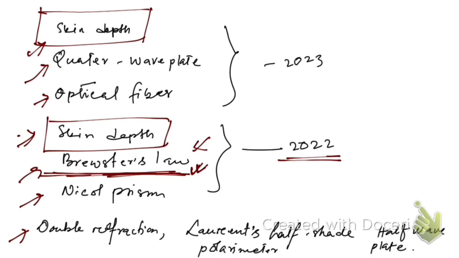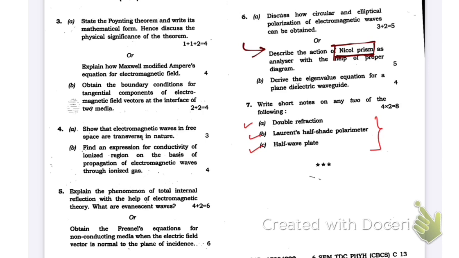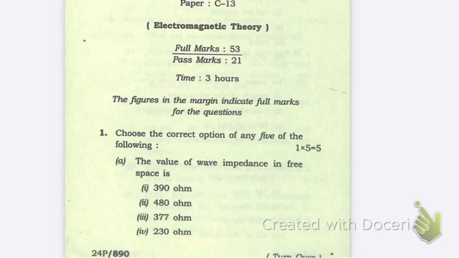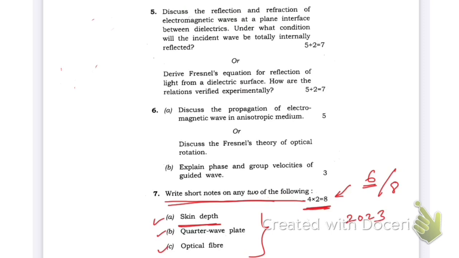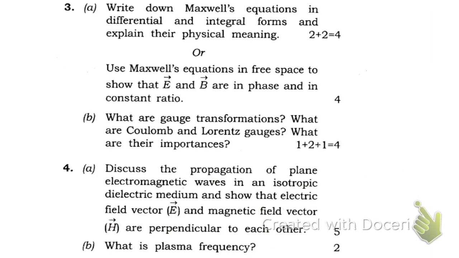For example, nickel prism: in 2022 you were asked to write short notes, and in 2024 you got a question on the nickel prism. So if you study this topic clearly for short notes, then you can answer this question as well, with a proper diagram. Similarly, let me check another paper. I have seen a question here.